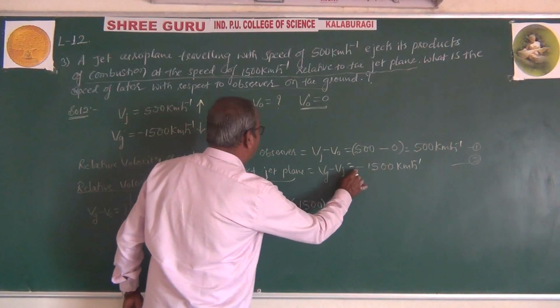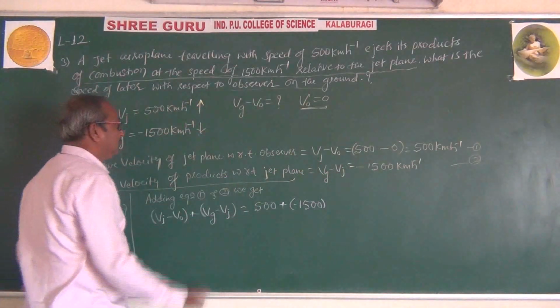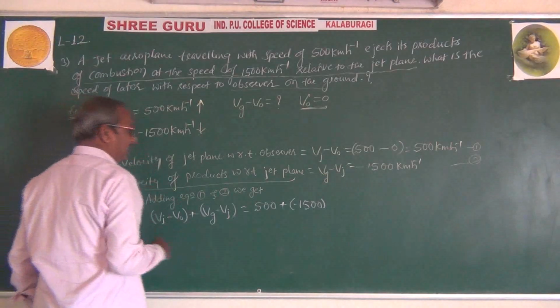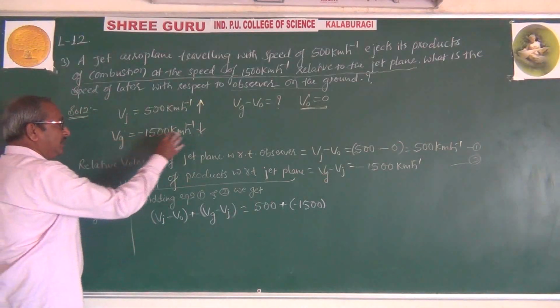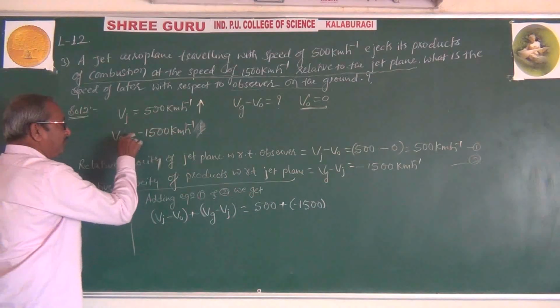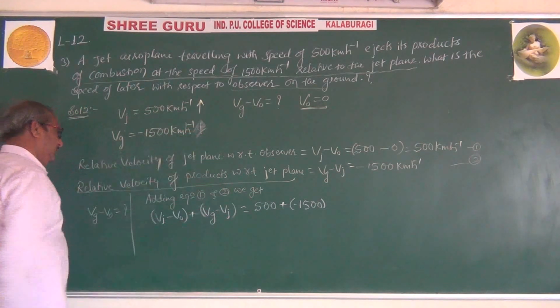This is negative because one is upward and another is downward, so for that purpose we have taken a negative sign. Whenever you write the negative sign, you don't write the direction. If you are not going to write the negative sign, then you have to mention the direction.